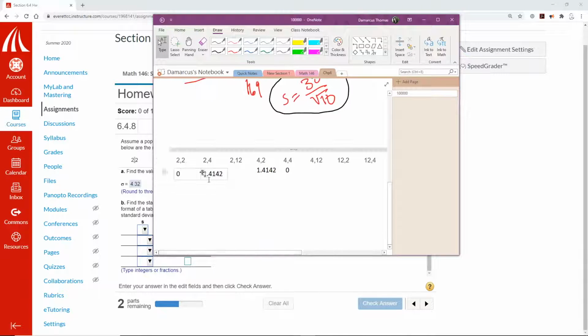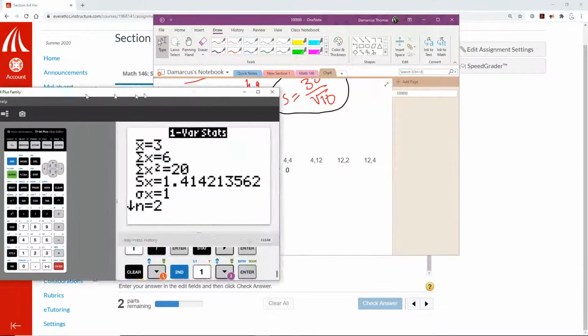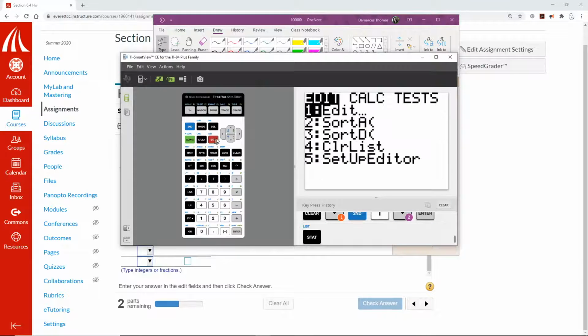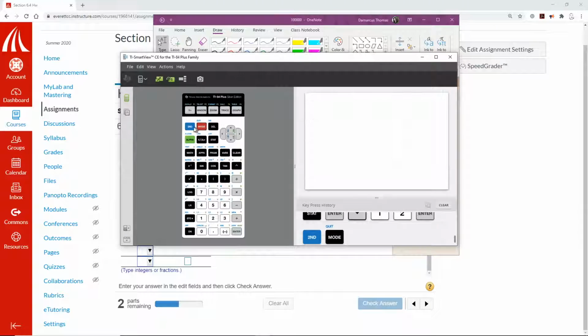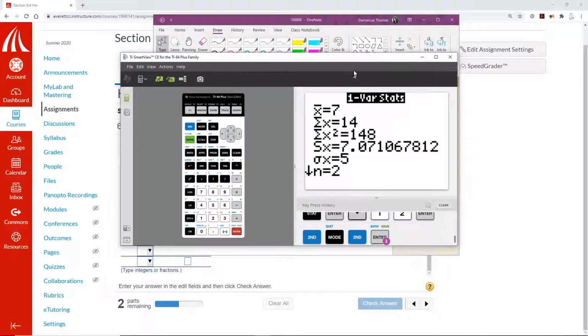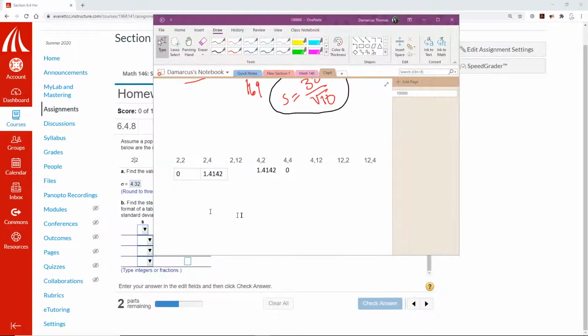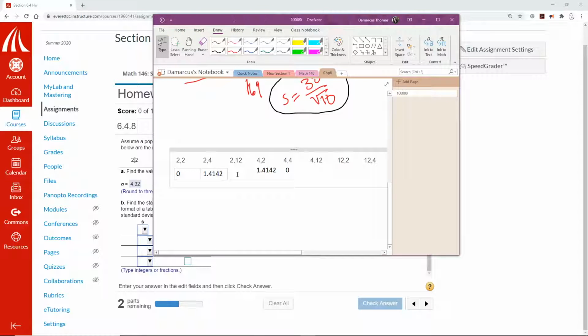I have to find the standard deviation of all of them. 2 and 12 is next. Let's see if I can get the standard deviation of 2 and 12. That's 7.071. And that's the same as 12, 2.